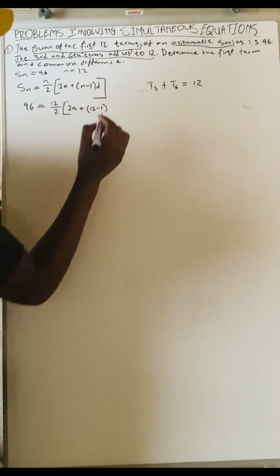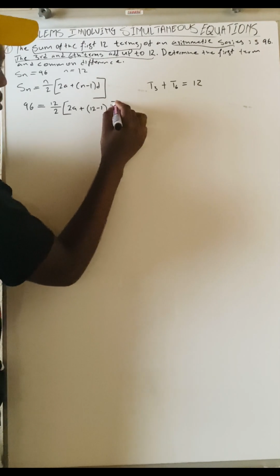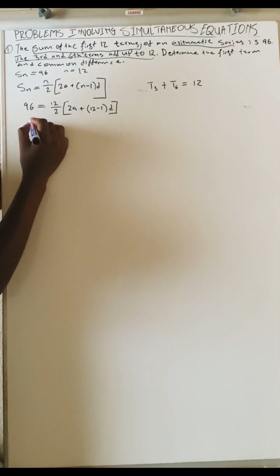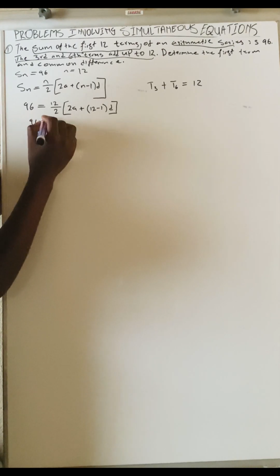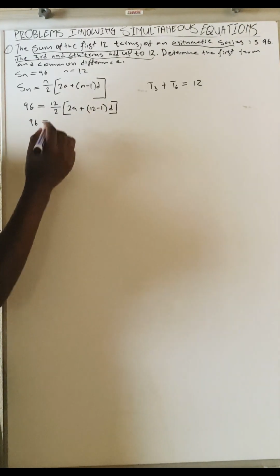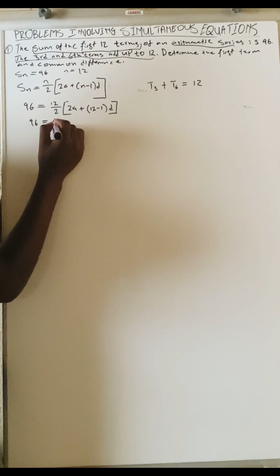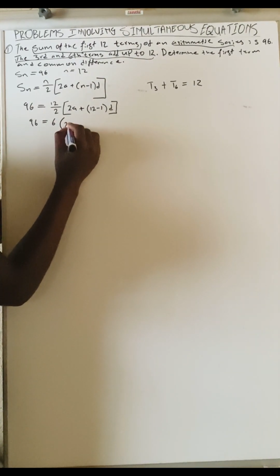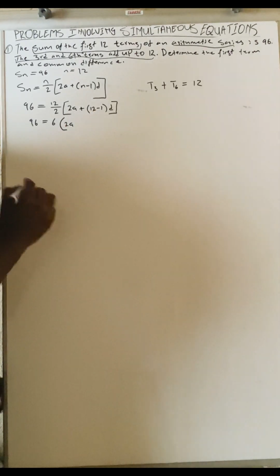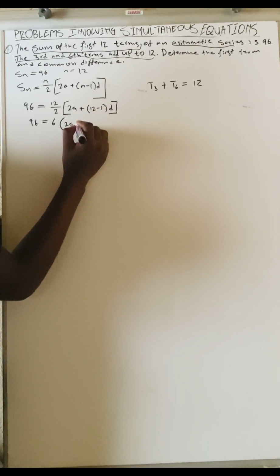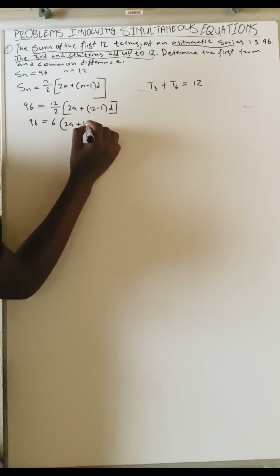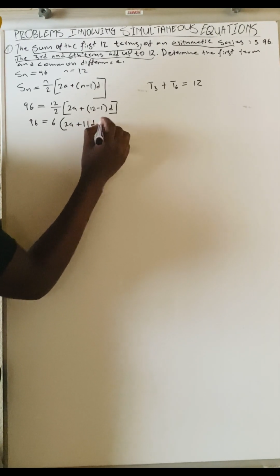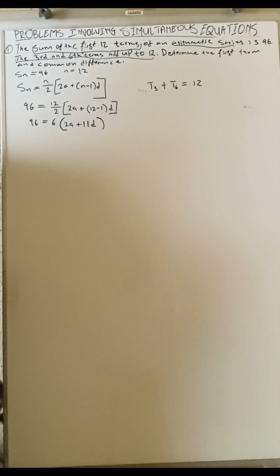Do you know d? No, you don't know d. Close the brackets. Then from here, you write 96 is equal to 2 into 12 is 6. You have something like this. Then 2a, 12 minus 1 is what? You will get 11, not 10. 11d.